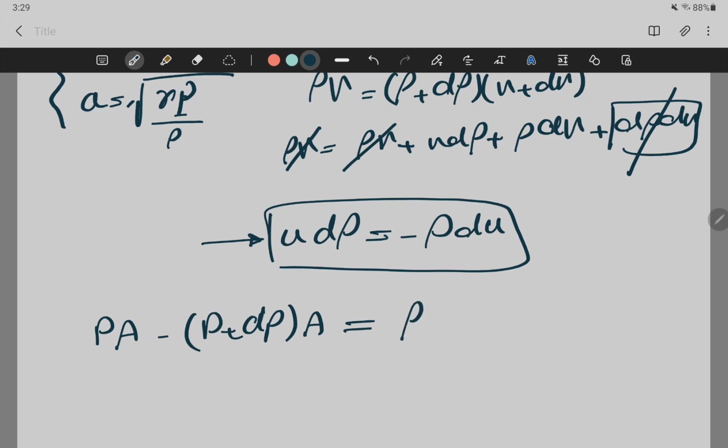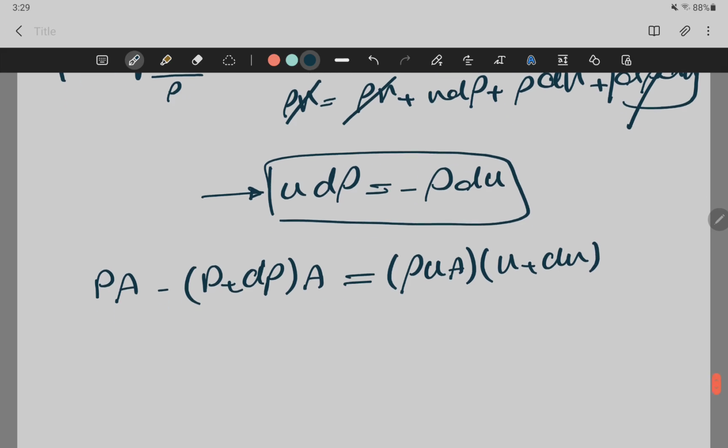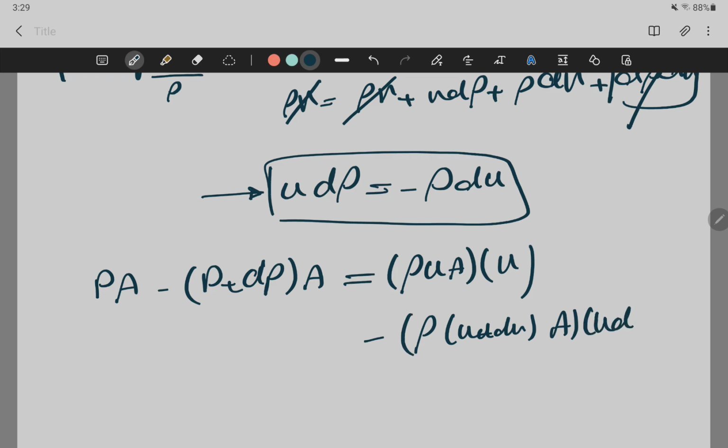Okay, so m dot is going to be rho uA, multiplied by u, minus rho (u plus du) A multiplied by (u plus du). A lot of different phrases. That's rho uA u. Yeah, that's m dot u. Okay, that's your momentum.